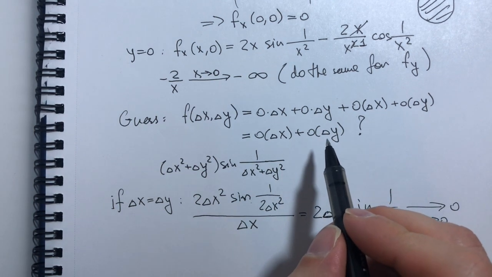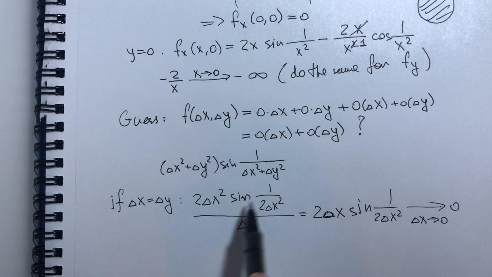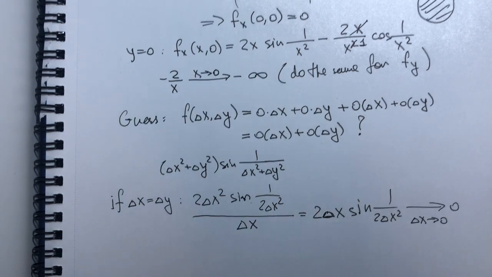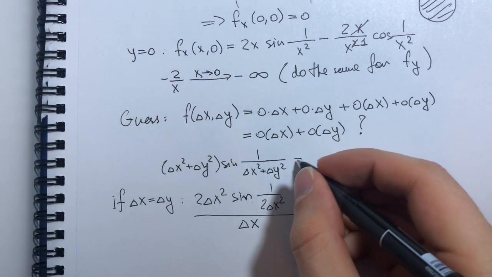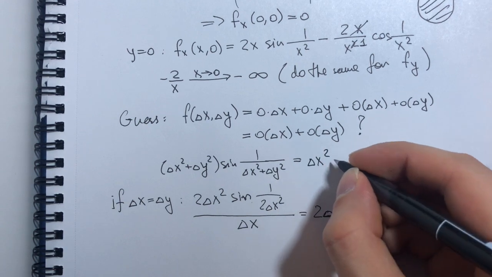We can similarly do it for delta y. So if we just plug in delta y into this expression instead of delta x, this is also going to work. But actually, to be more rigorous, we can just rewrite this guy like that.